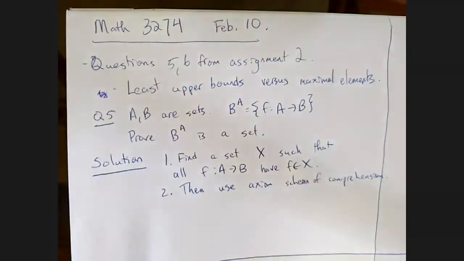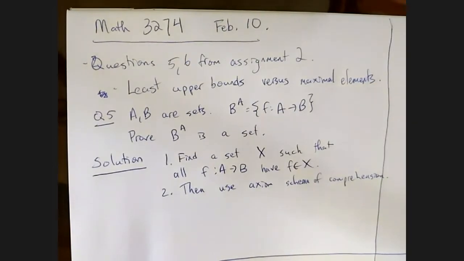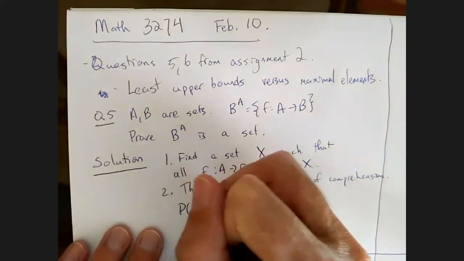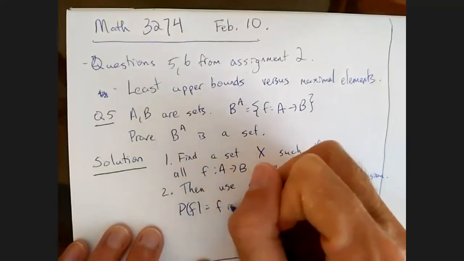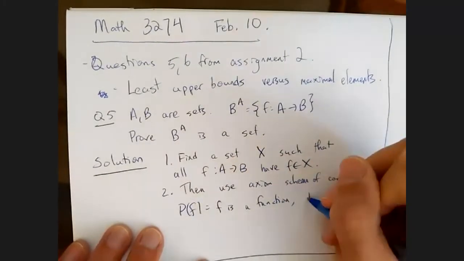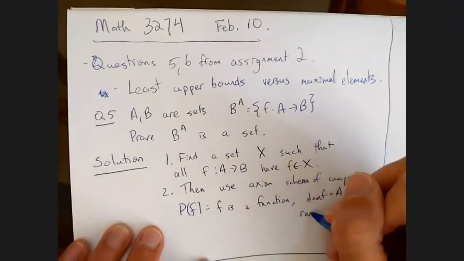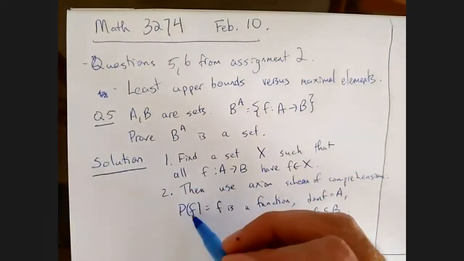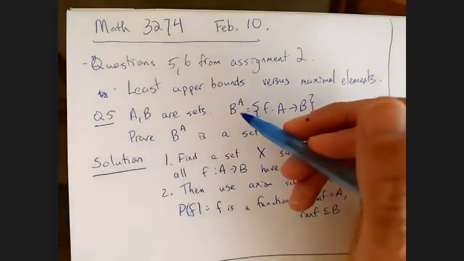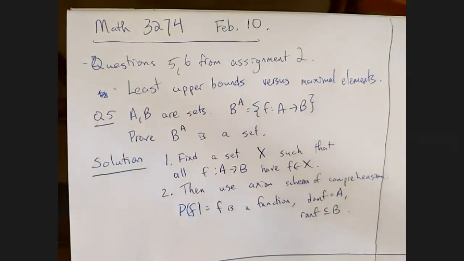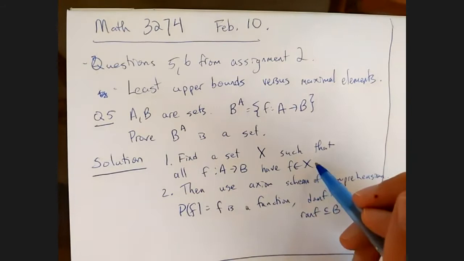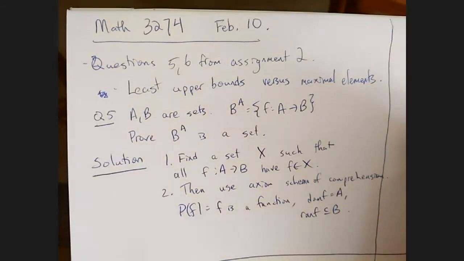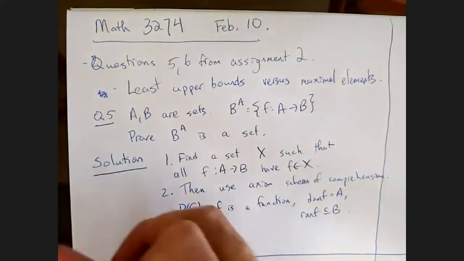Once we have our set X, our property P of F is just going to be: F is a function, the domain of F equals A, and the range of F is a subset of B. Once we have a set containing all the functions from A to B, we'll use this P as our property, and then we get the set B to the A. So the trick, as with all these things, is to find some set which contains all the functions. Okay, so let's try.